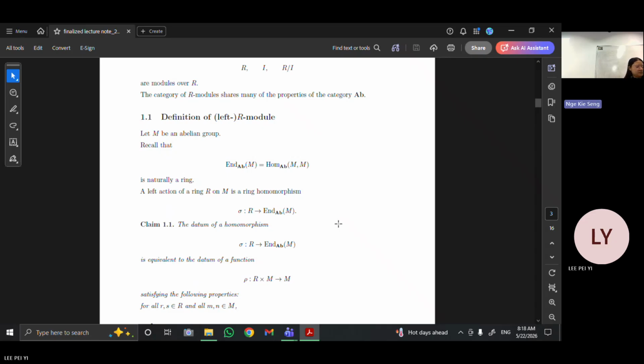A left action of a ring R on M is a ring homomorphism sigma, and this means every element r in R determines an endomorphism of M. In other words, every ring element acts on the module.